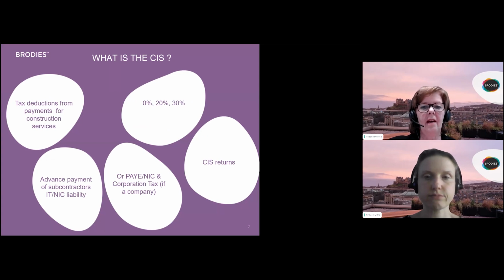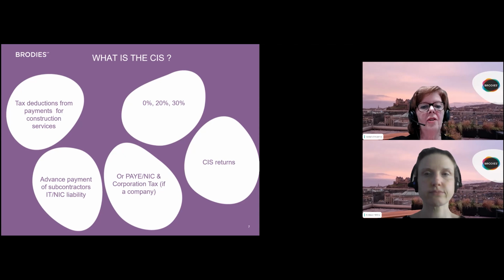At the nice end of the scale, there is 0% if the person supplying the service is registered for gross payment. If somebody is registered with HMRC as a subcontractor, but not for gross payment, then they're registered for payment under deduction, and that's 20%. If they're not registered at all, it's 30%. So that's quite a difference.